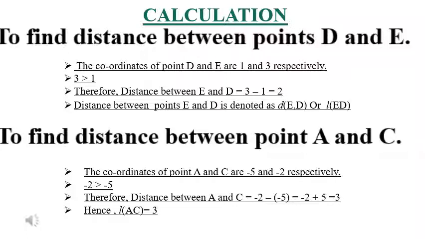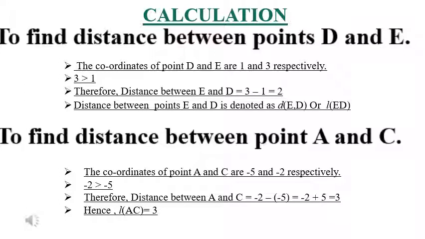So I have 3 minus 1, which is 2. When we write the distance between 2 points, we denote it by small d, then in brackets the names of the 2 points whose distance you are finding. So it is d(ED) or small l(ED), meaning the length between the 2 points.